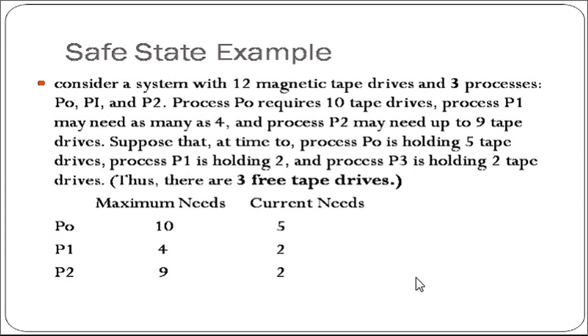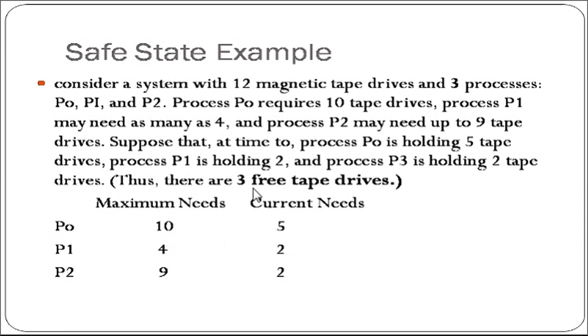Now we have to find the safe sequence. The safe sequence is nothing but the sequence in which the processes are executed so that all process requirements will be satisfied. Here we will consider the process P0 first. For P0, the need is 10 resources and currently 5 are satisfied, so 5 more resources are required to satisfy the requirement.